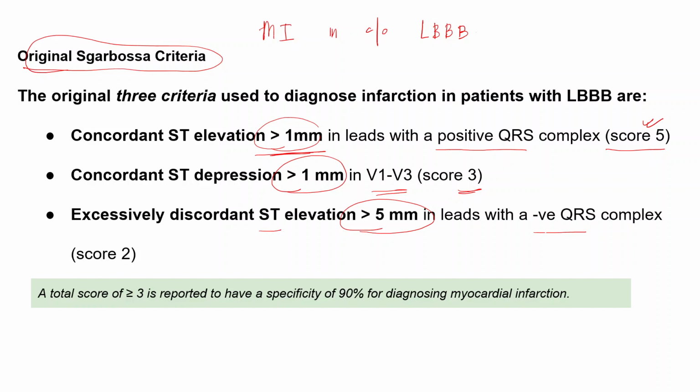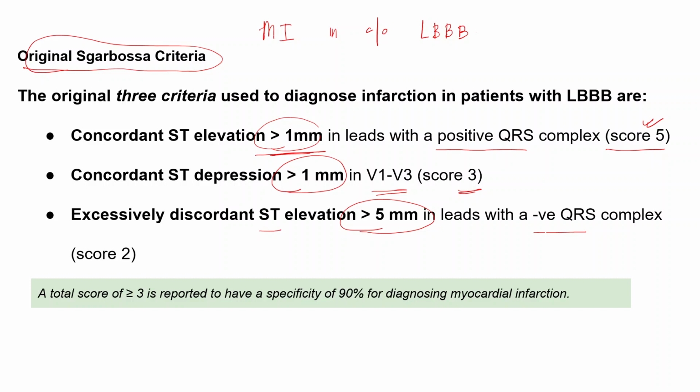Those leads which are showing a negative QRS complex have to show ST depression to call it concordant. Usually in LBBB, V1 to V3 will show a negative QRS complex, and in those leads, if there is ST elevation, that is known as discordant.